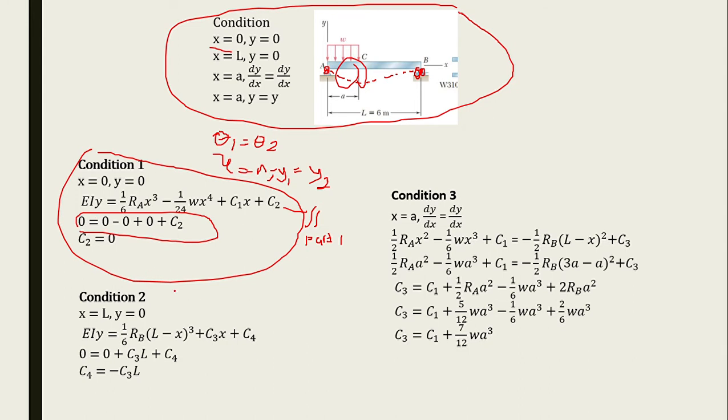For condition 2, when x equal to L and y equal to 0, we input it into the second integration of part 2, the CB part, and we get this.